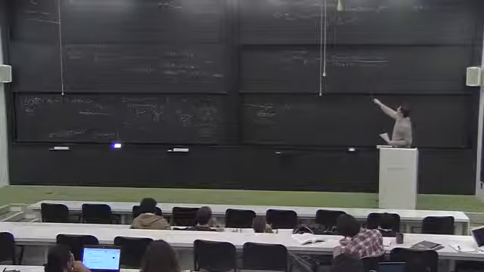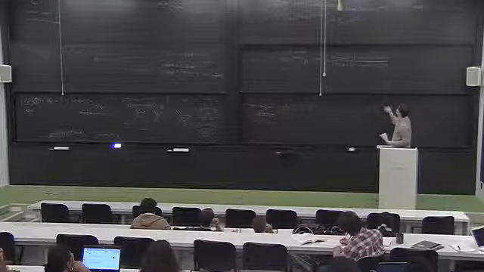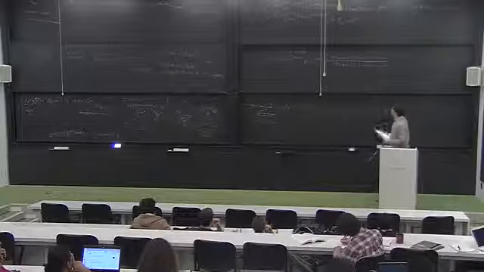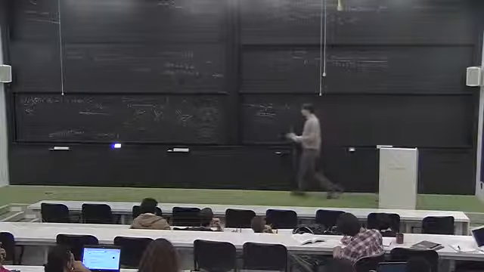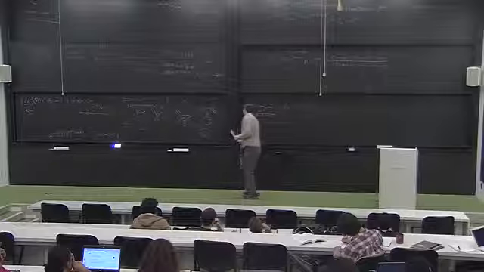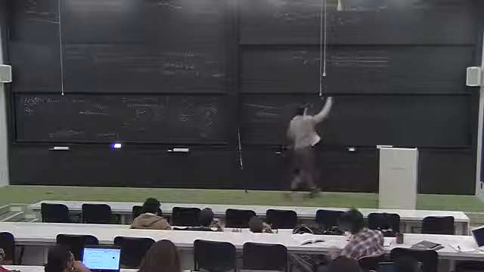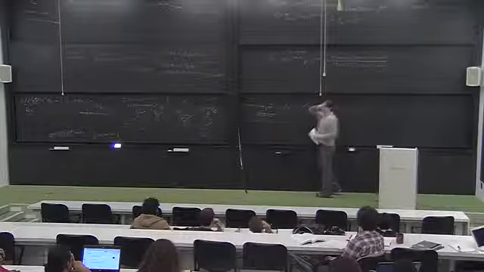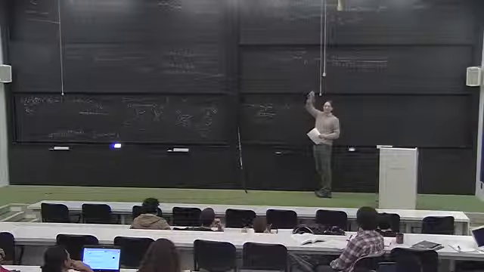There are poles from this gamma function, poles from this gamma function, poles from this gamma function. Where are they? The gamma function has poles at 0, minus 1, minus 2, minus 3, minus 4.